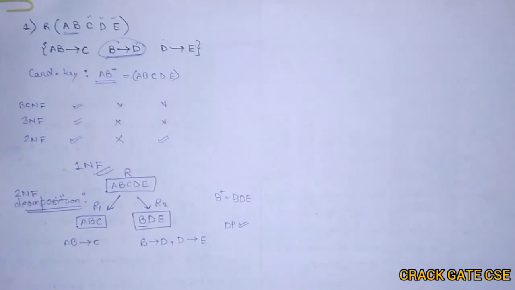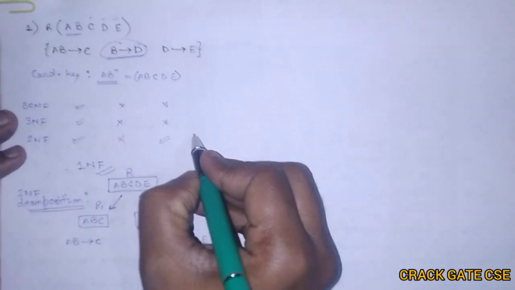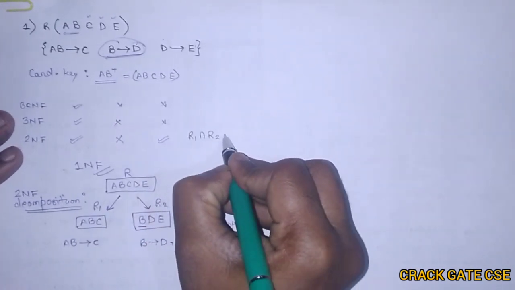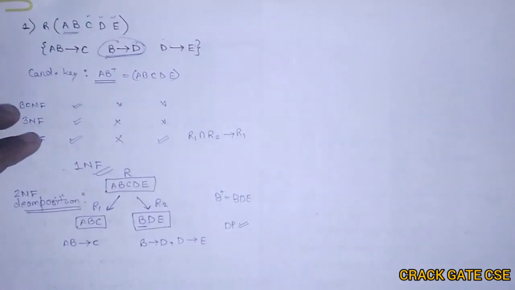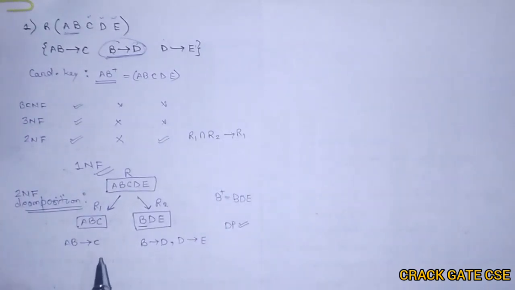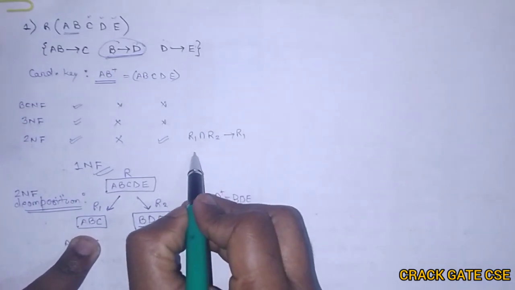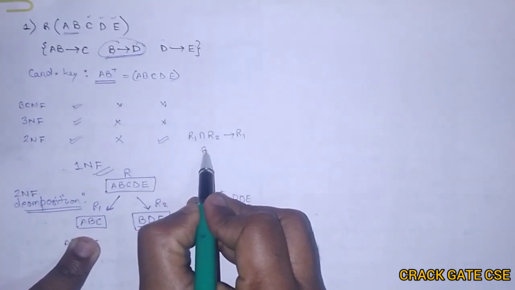Now let's check for lossless join decomposition. The rule is that R1 intersection R2 has to give either R1 or R2. If you take the intersection, you will get B. So R1 intersection R2 will be B.